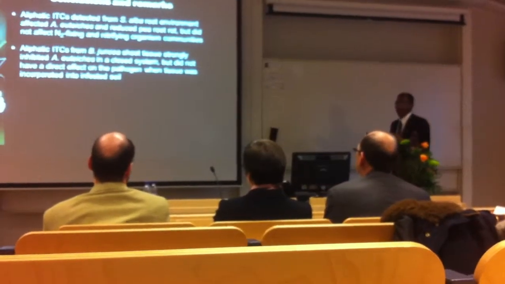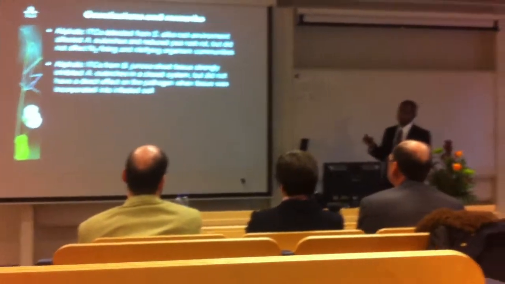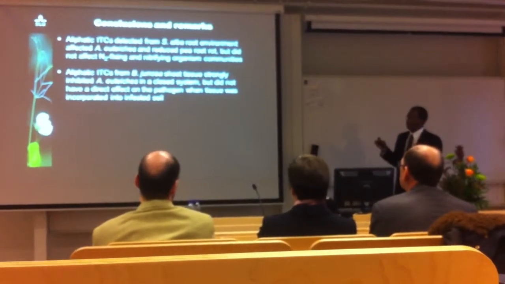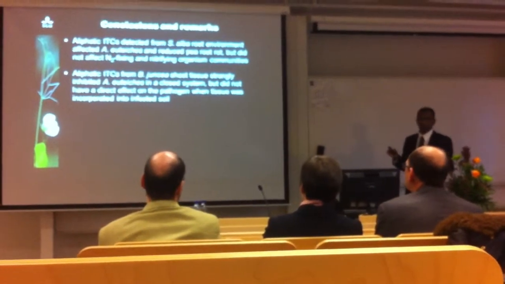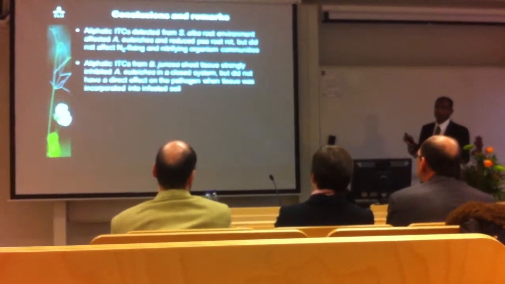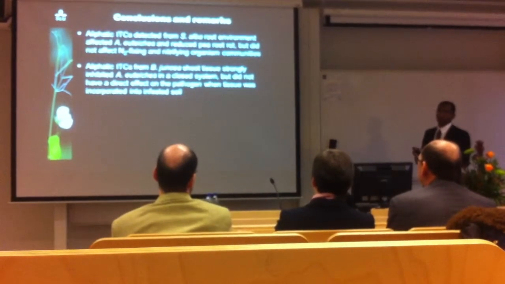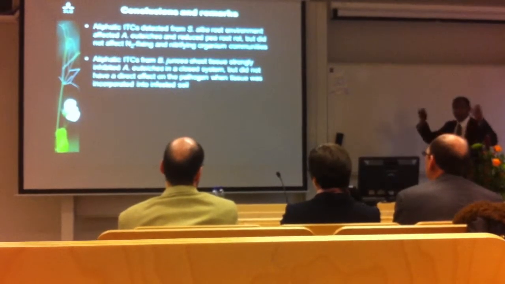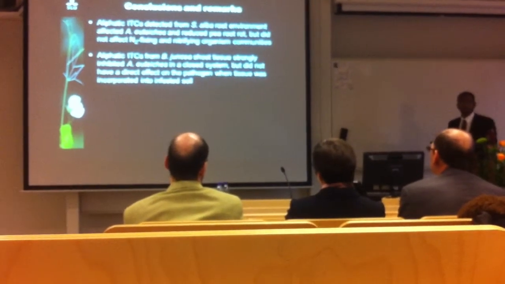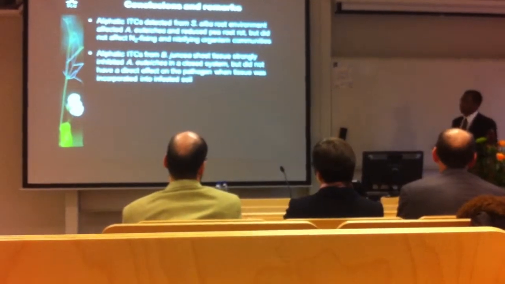Aliphatic isothiocyanates from Brassica juncea shoot tissue strongly inhibit Aphanomyces euteiches in a closed system, but did not work if incorporated in a soil, because the volatiles evaporated so quickly and left the pathogen unaffected.